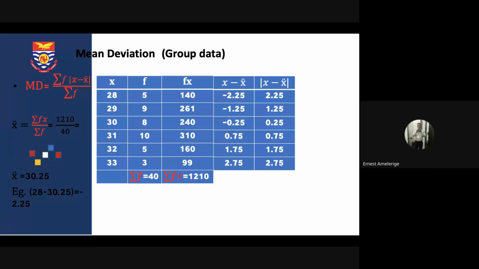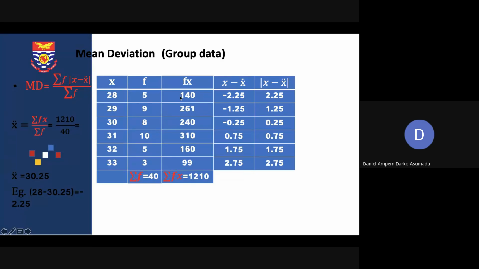Now, in the formula, after you have introduced the absolute values, there's an F. F means that you have to multiply these absolute values by their corresponding frequency.